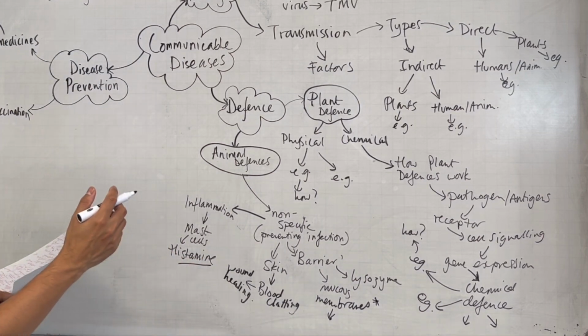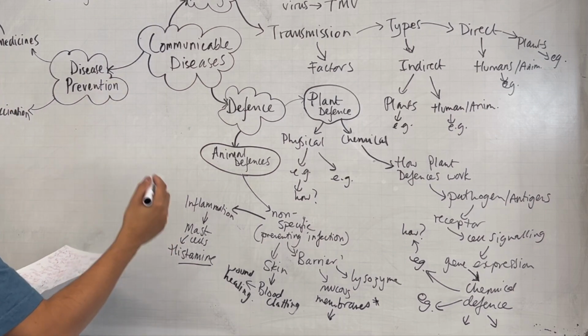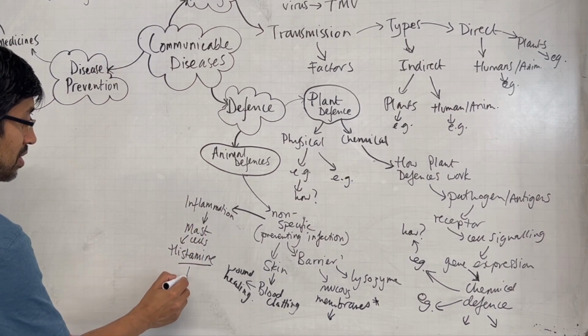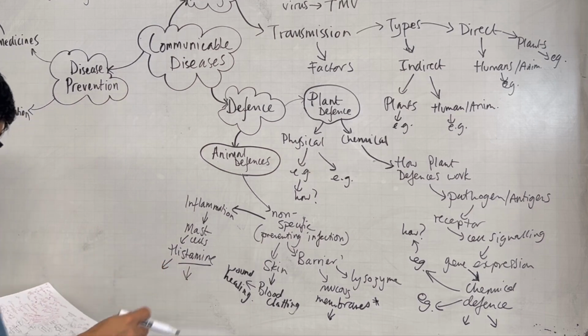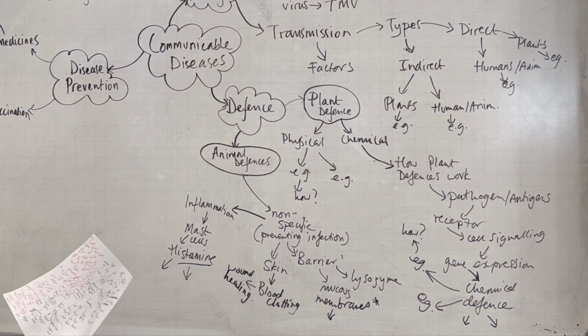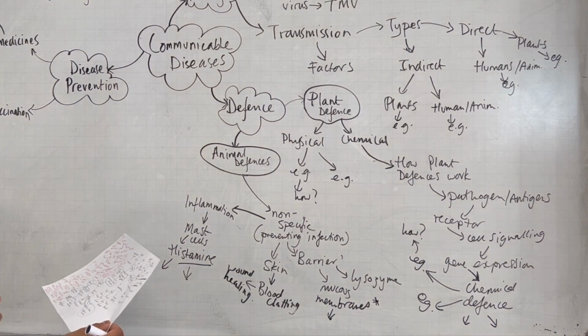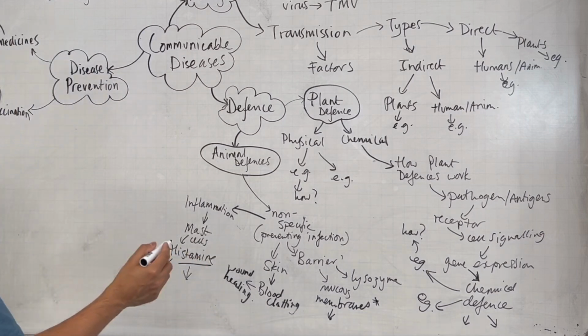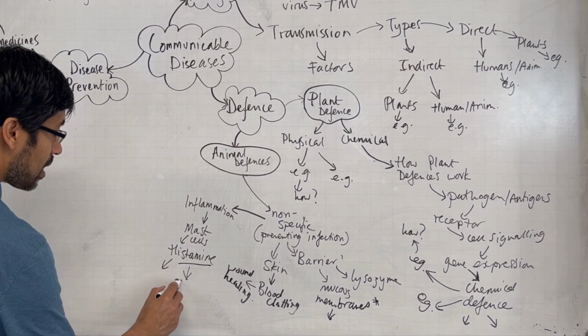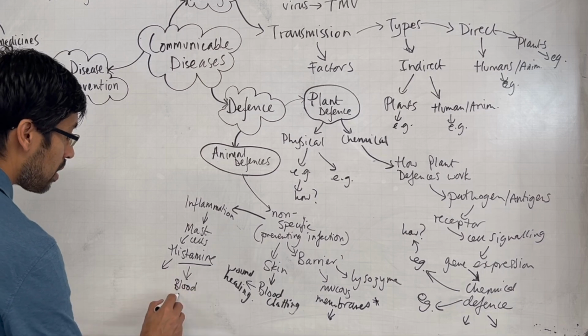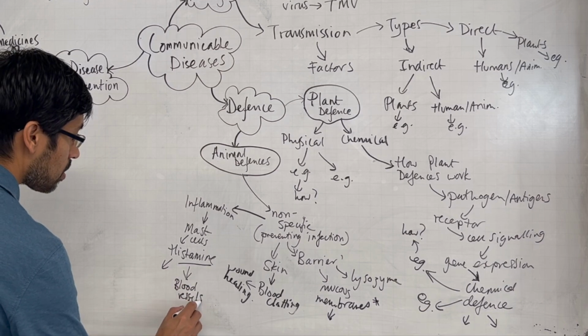The histamine is released and it has certain effects. Two main effects that it has is that it causes local blood vessels to dilate.